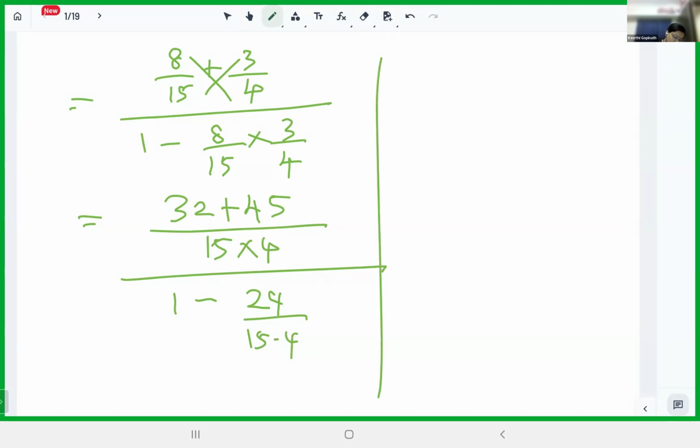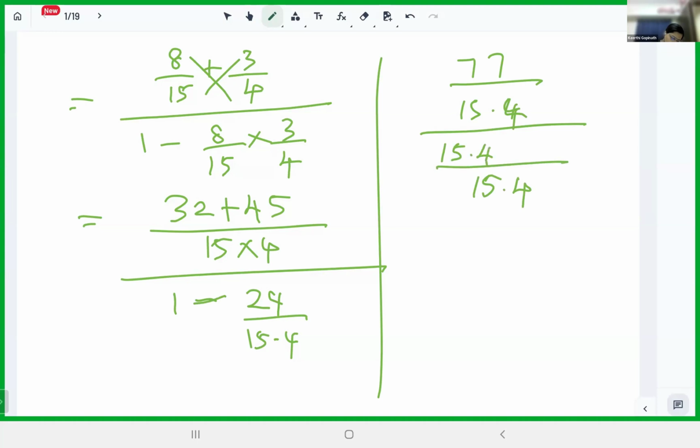So this can be again simplified as 77 by 15 into 4 divided by 15 into 4 minus 24 in the numerator. This is just simplification of fractions.